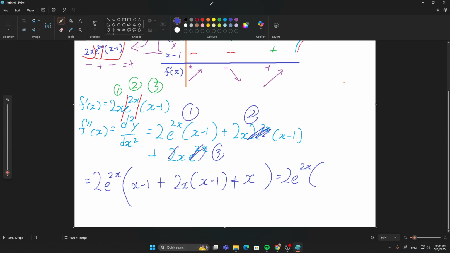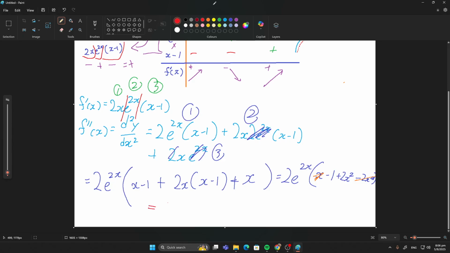Am I tripping? I think I'm right. Okay. It's basically x minus 1 plus 2x squared minus 2x plus x. So let's cancel each other out. x plus x minus 2x is just 0, and then minus 1.